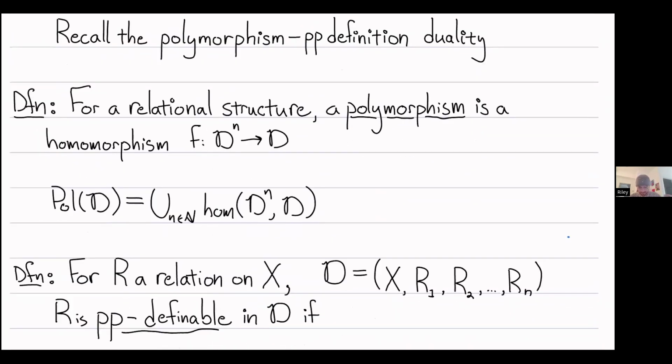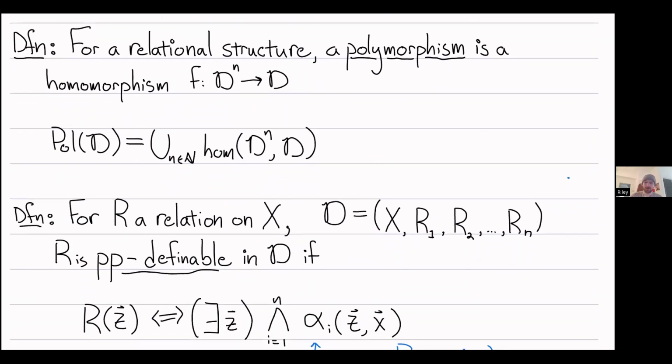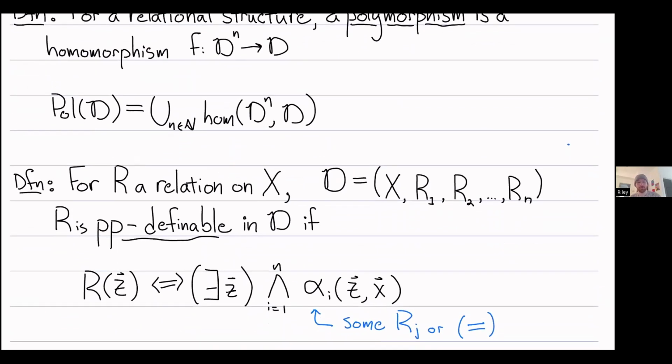It turns out that this algebra of polymorphisms under containment is dual to a syntactic relation between relational structures.